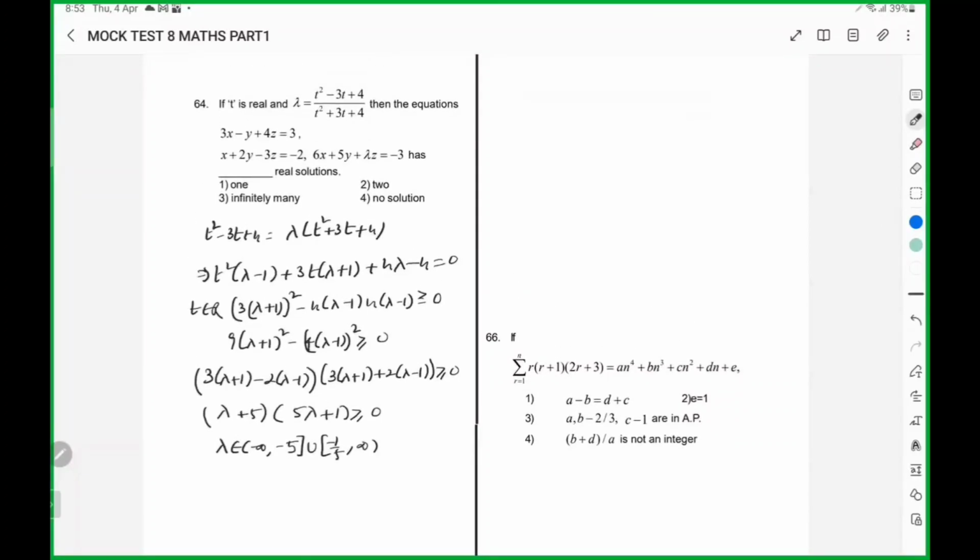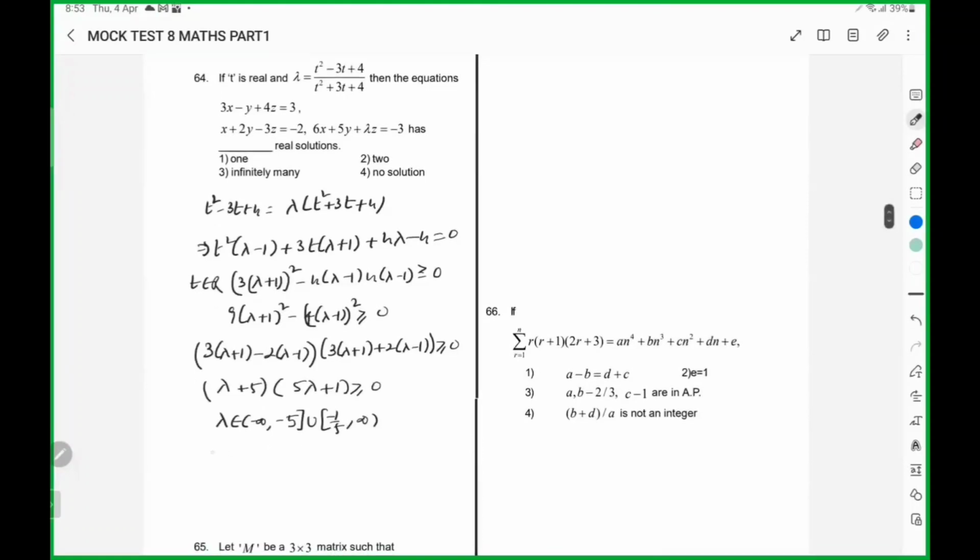So for these values, if you take 3x minus y plus 4z is equal to 3, x plus 2y minus 3z is minus 2, 6x plus y plus lambda z is minus 3. Find the determinant: 3, minus 1, 4; 1, 2, minus 3; 6, 1, lambda.